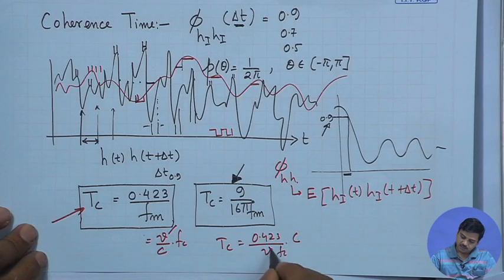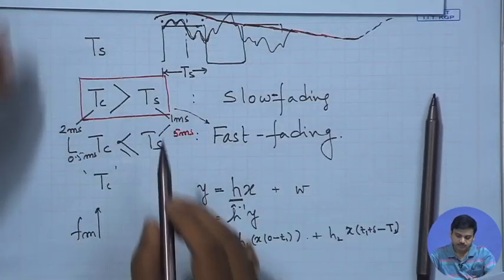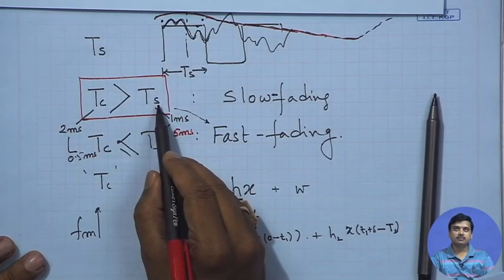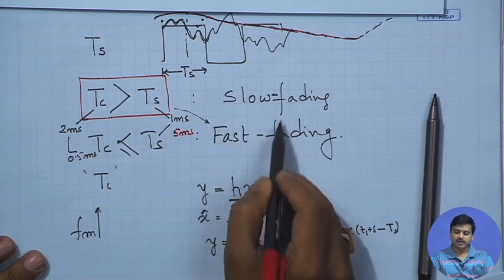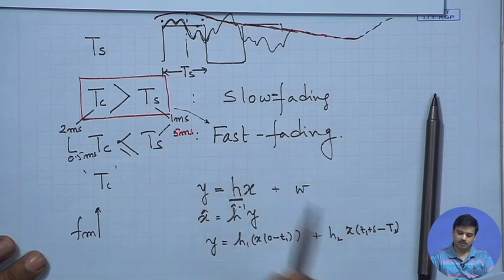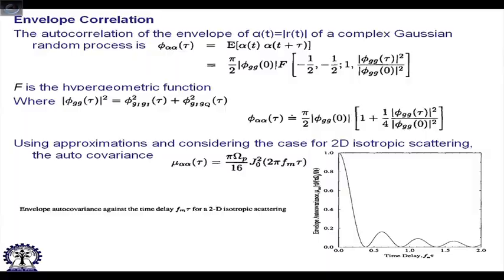That means, as I increase velocity, coherence time decreases, as I increase carrier frequency, coherence time decreases. So, as we increase mobility, coherence time would decrease. On the other hand, if I change my symbol duration, although coherence time would remain the same, we would experience different kinds of fading condition. Okay. So, with this we move on to see what happens to other properties of the signal.